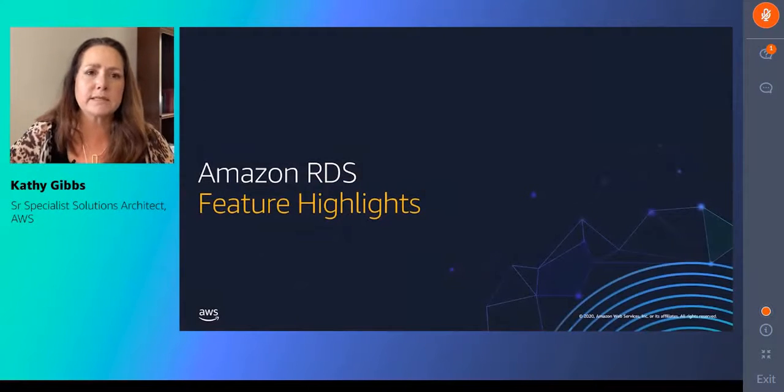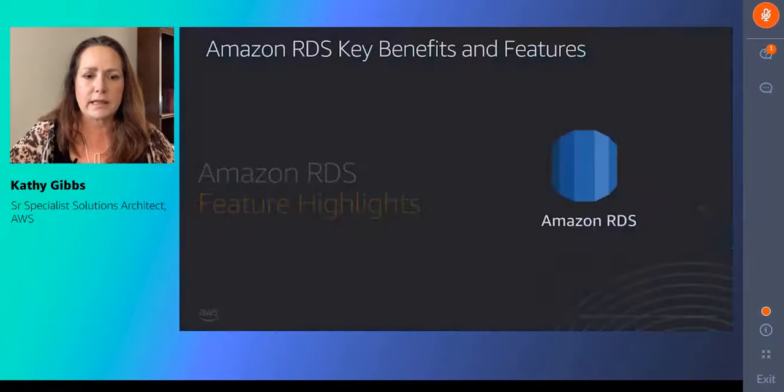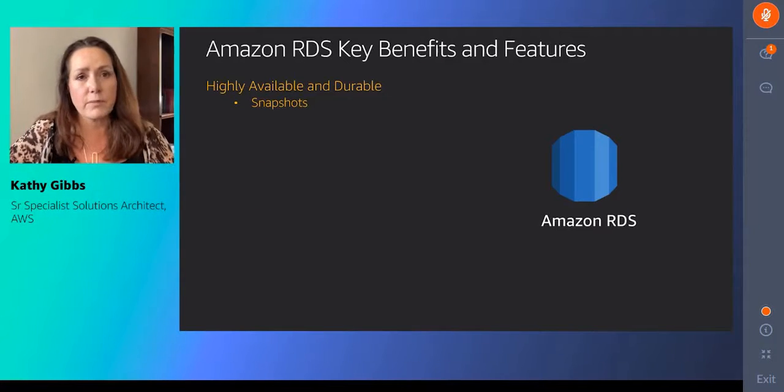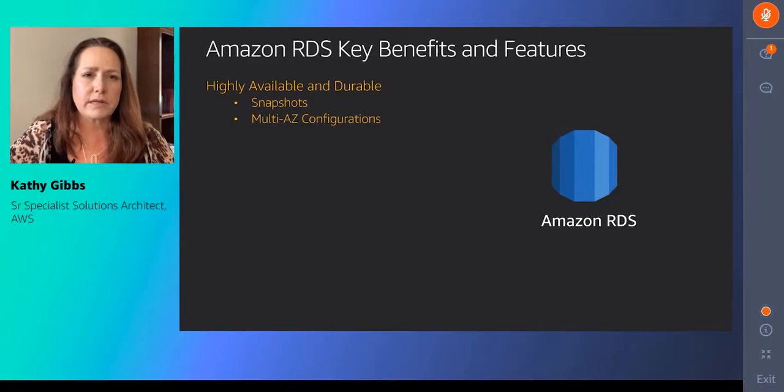Okay, so let's go ahead and dive deeper into Amazon RDS and talk about some feature highlights. We'll talk at a high level, and then we'll go a little bit deeper with each of these. The first is highly available and durable. On RDS, you have those snapshots for backup. You also have that multi-AZ configuration, and again, we'll talk a little bit more about what that means for being highly available and highly durable.